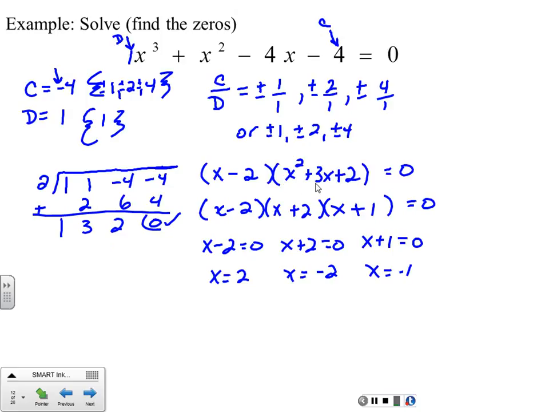And then what you're going to do from here is you can either factor this quadratic, or you can use the quadratic formula. That's completely and totally up to you. We chose to factor this, and that's fine. And then set each one of them equal to 0 and come up with your solutions. So you can see this time, and this is not always going to happen, this time all of our solutions were found in our possible solution list. But that's not always going to happen, okay?